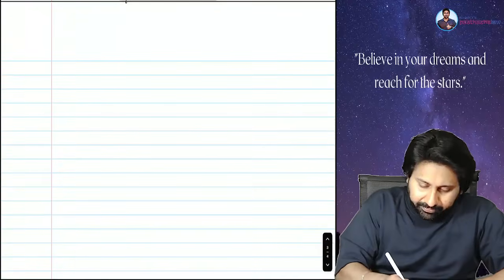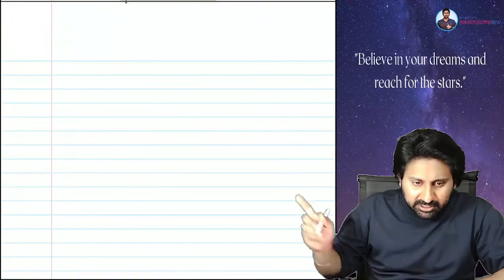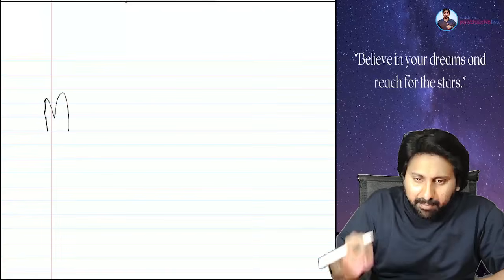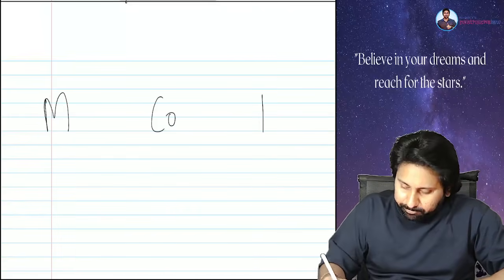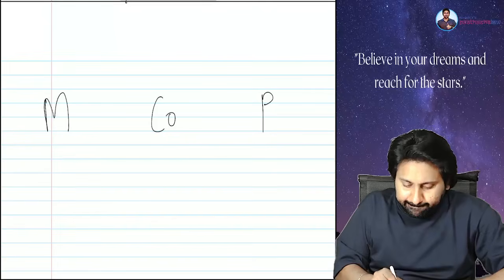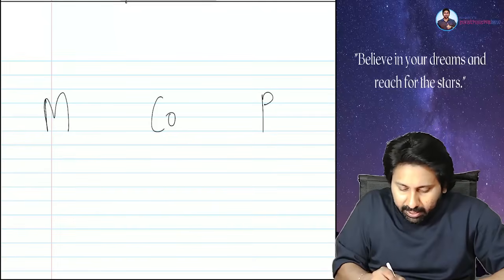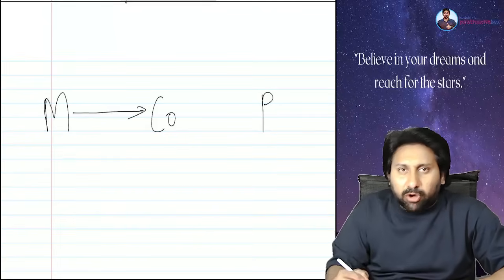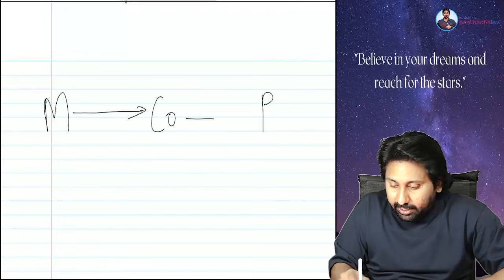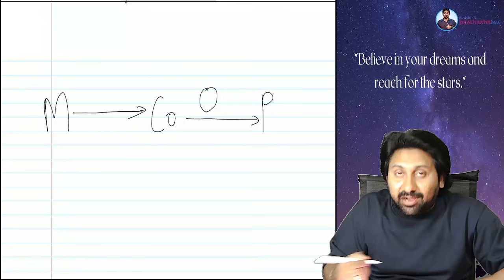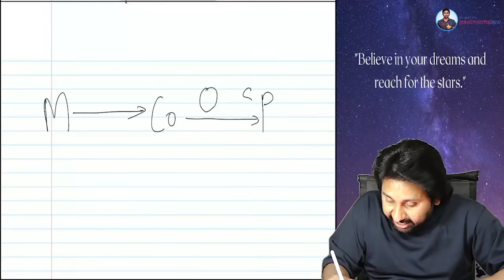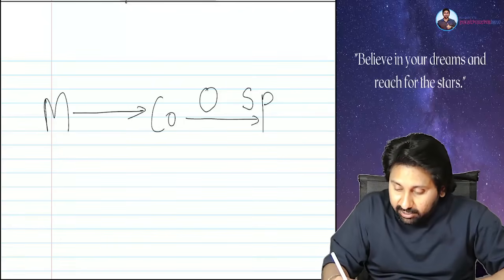Therefore, what will happen? See the screen here. Members, company, public. Members will convince the company's board of directors. The company will give an offer for sale of shares to the public.